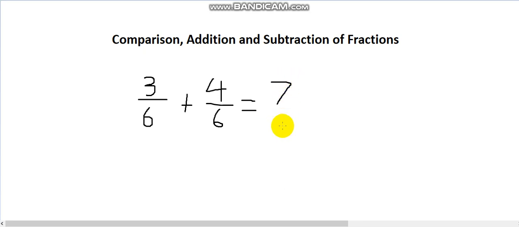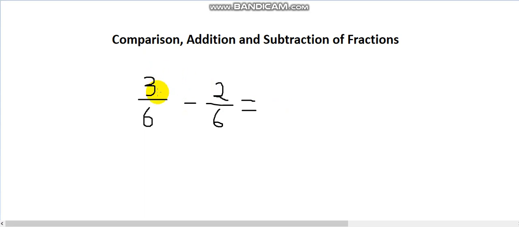Now let's say that instead of adding them, we have to change them a little bit. Let's say that I didn't want to add them, and I wanted to subtract two fractions. Let's say I have 3/6 take away 2/6. In this case, I would do the same.